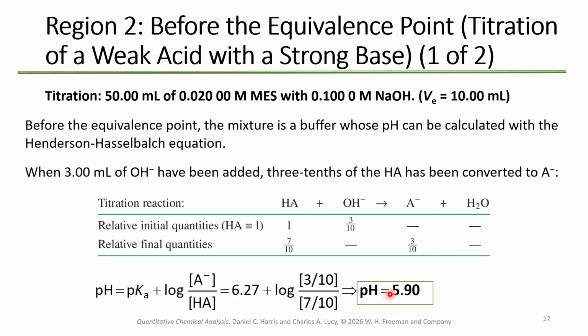Okay. And so we put in our pKa, which was provided to us in that way. So that's really easy. And then it's plus log of base over acid. And so in this case right here, we're 3/10 of the way to the fully basic form, aren't we? So our amount of base is 3/10. On the bottom here, we're 7/10 of the way away from the fully basic form.